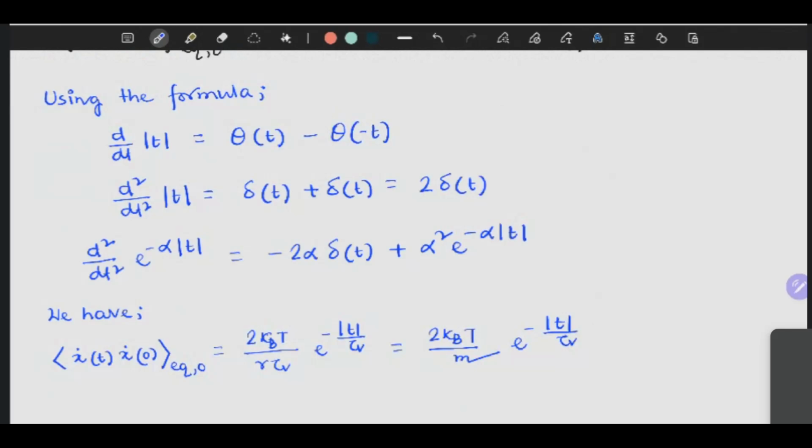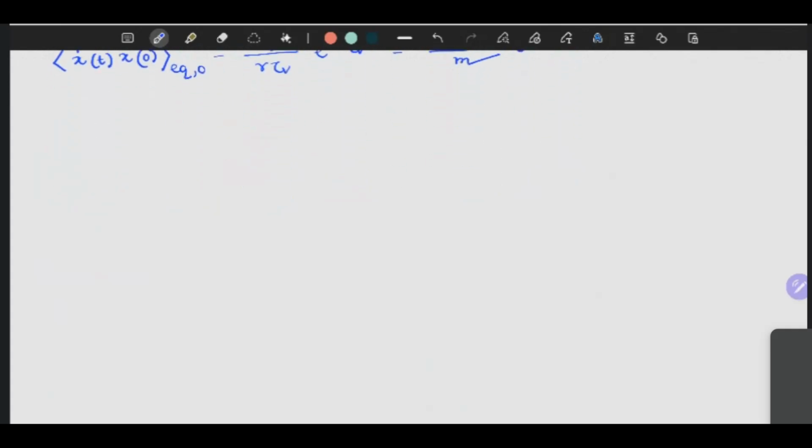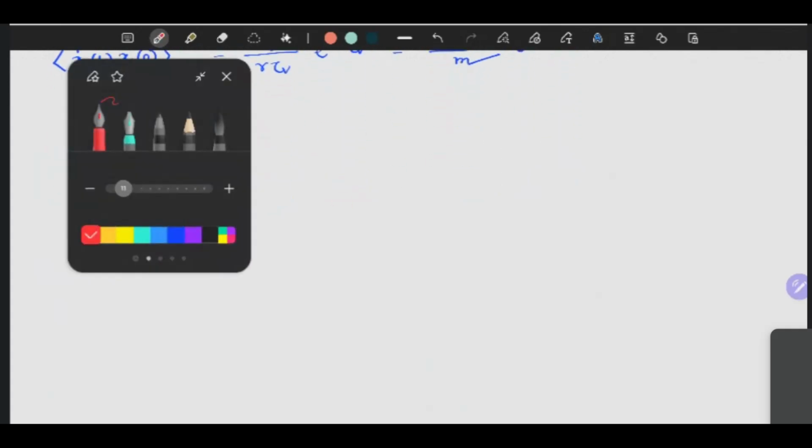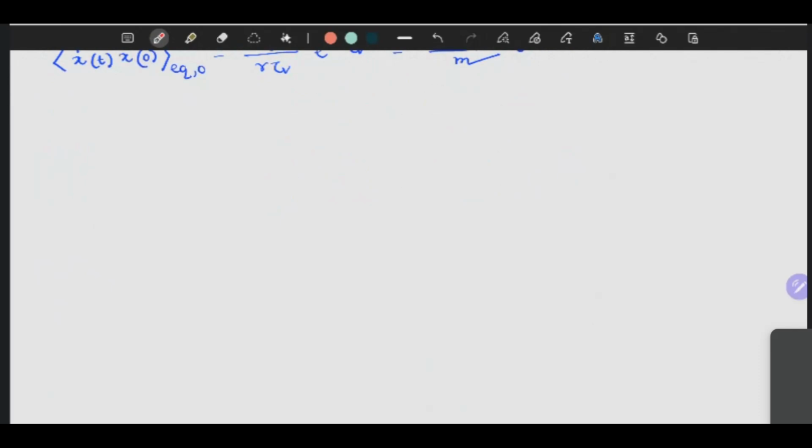Okay, so let's do one more problem, and that will be the end. Problem 6. These are very big problems.